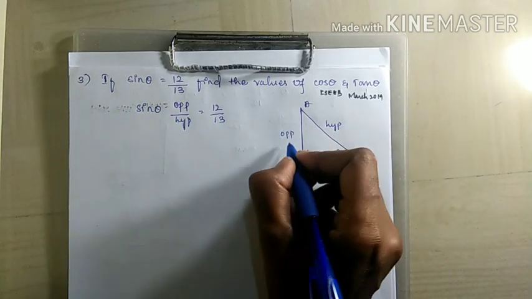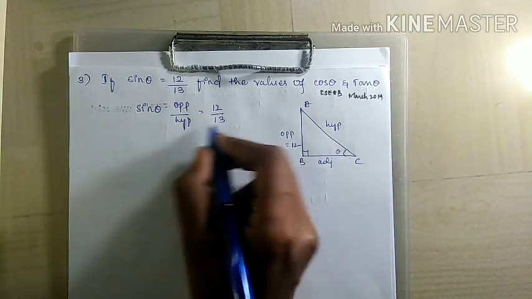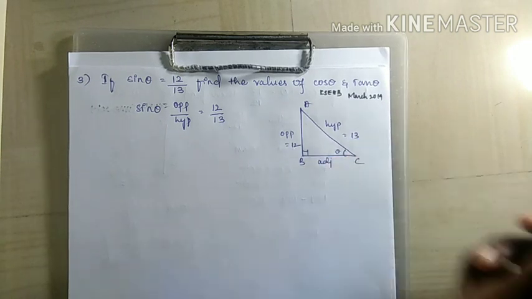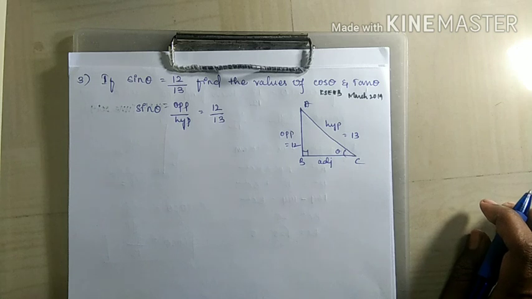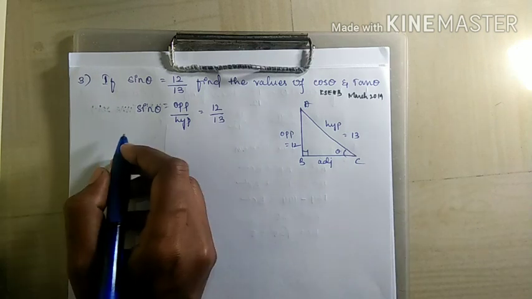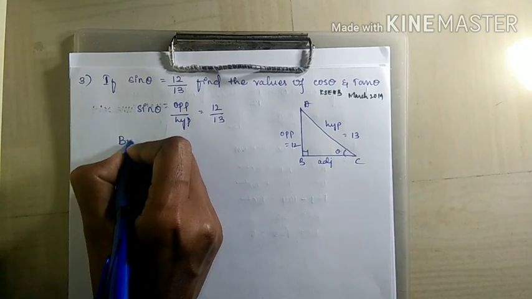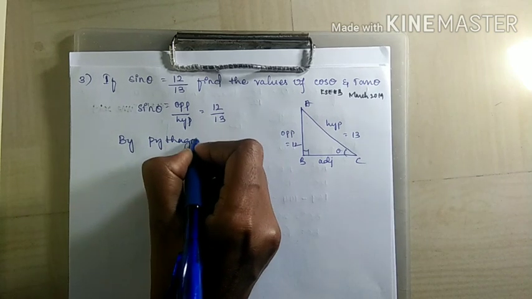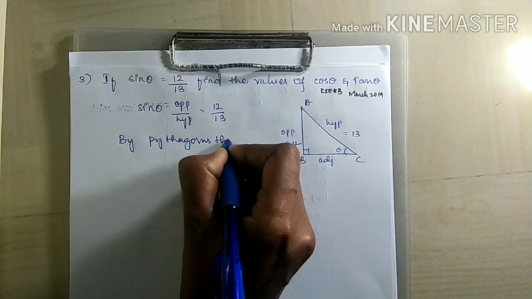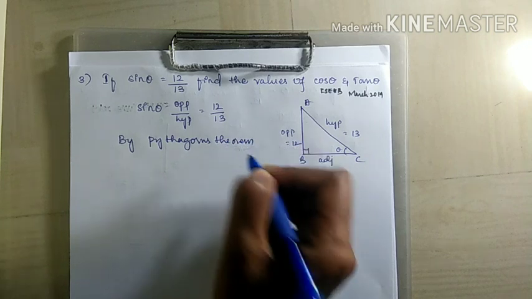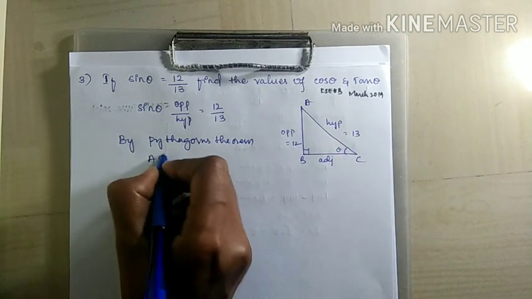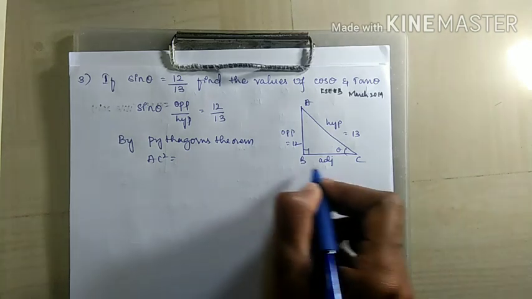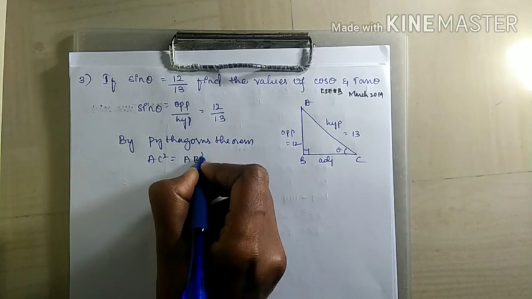So opposite is equal to 12 and hypotenuse is equal to 13. So now we will go to Pythagoras theorem. By Pythagoras theorem, AC square equals AB square plus BC square.